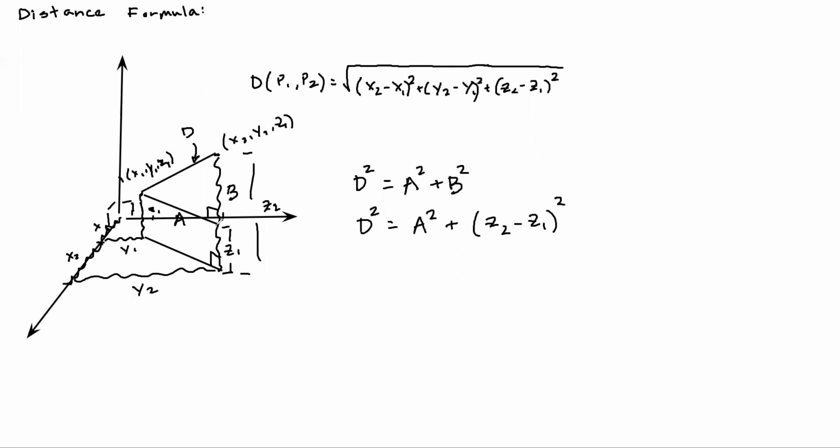Now next we need to figure out what a is. The key to figuring out what a is, is this line that we drew down here on the xy plane. If you figure out what the coordinates are of this point here, if you just ignore the z1, that's x1, y1, 0. And this point here is x2, y2, 0.